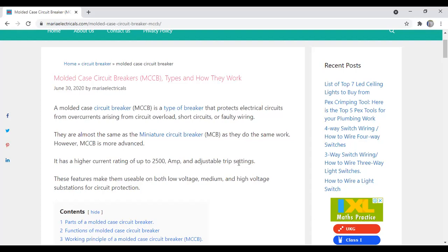Setting means we are setting the MCCB to one particular value. Up to that particular value, it will not trip, it will not open. So if you are setting to 500 ampere, MCCB will not open or trip up to 500 ampere. Above 500 ampere, what will happen?